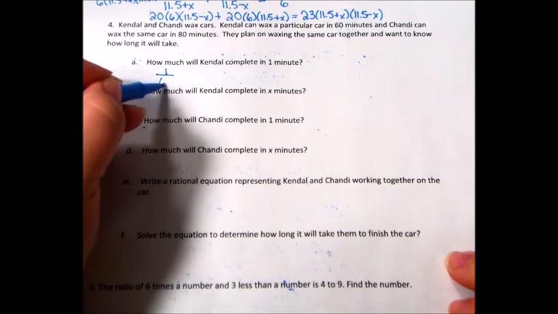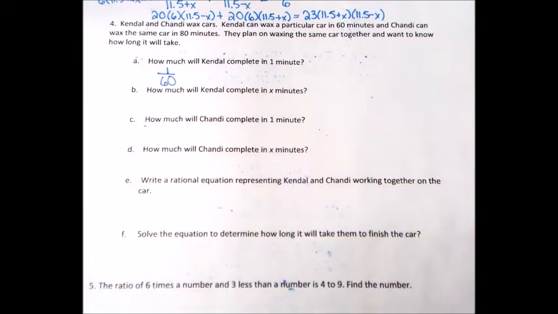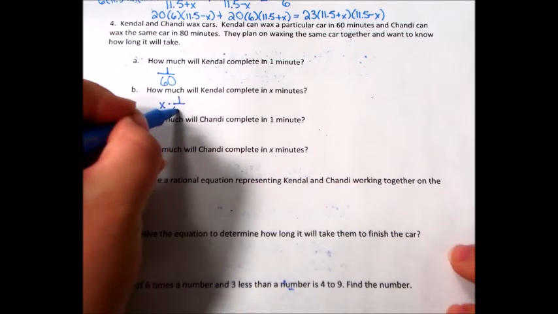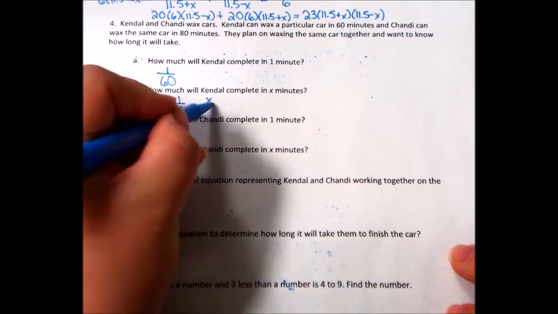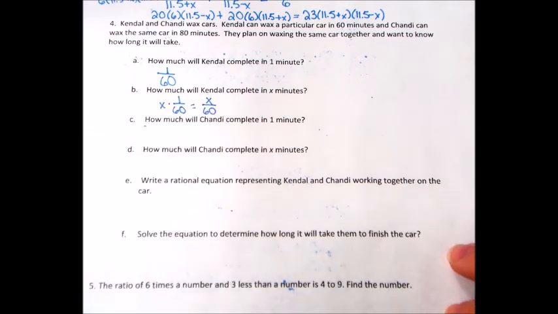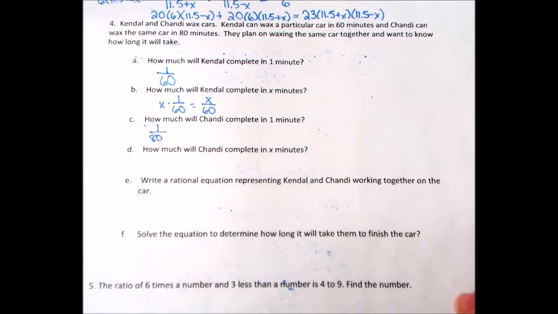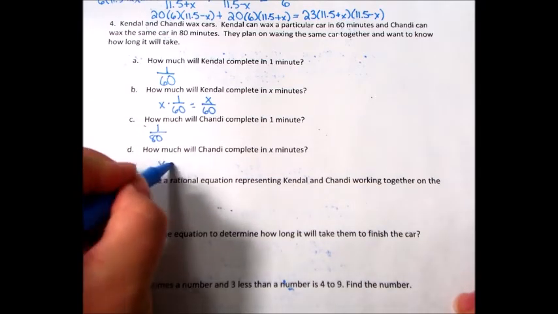So in X minutes, Kendall should be able to do X times 1/60th, or X over 60. Now Shandi in 80 minutes can do one car. So 1 minute, she can do 1/80th of the car. So in X minutes, Shandi should be able to do X over 80 of the car.